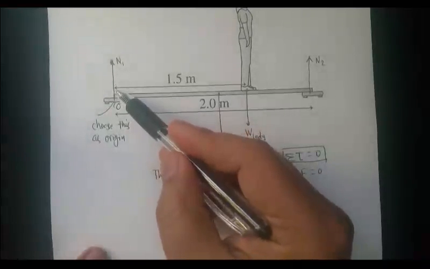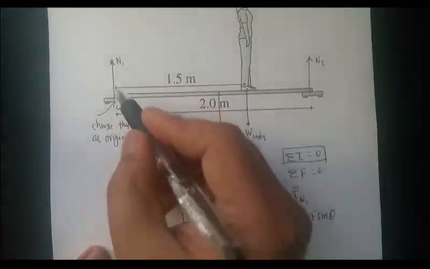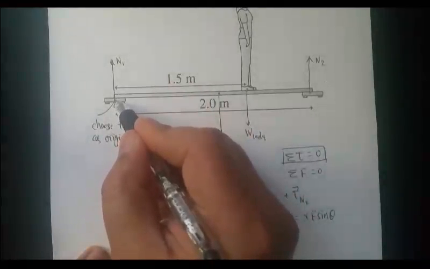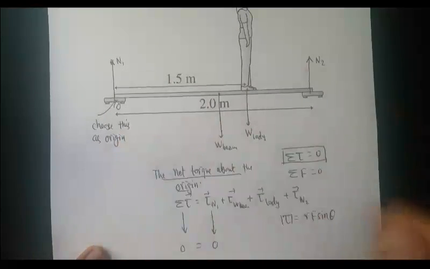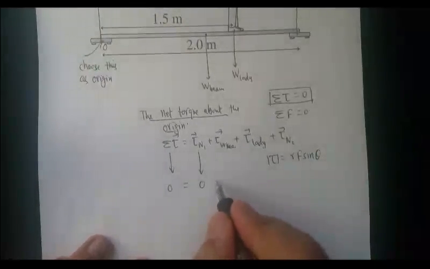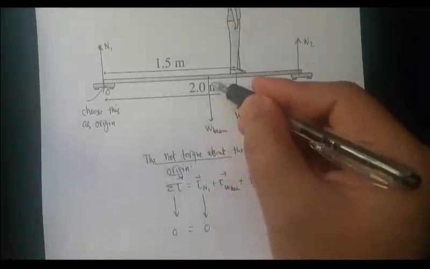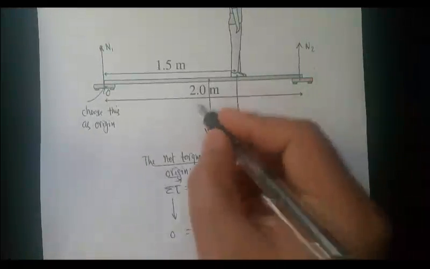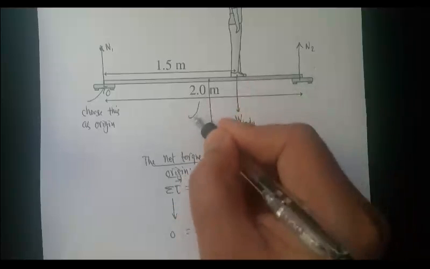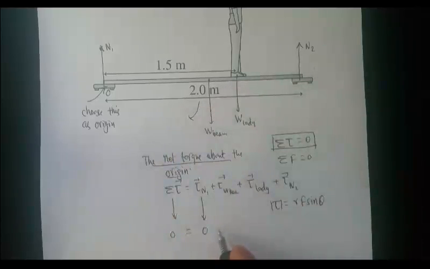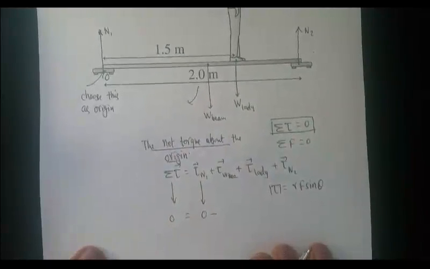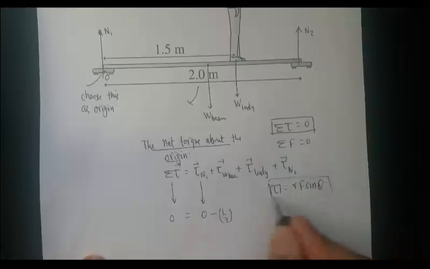This normal force N1 would not produce any torque because we have chosen this as our origin, and the position vector R is 0. So this is 0 torque. Torque due to the beam: the weight of the beam acts here, so it is trying to produce clockwise torque. So it's a negative torque. Remember, clockwise is negative torque. So R is L over 2. R F sin theta is our main formula for torque.